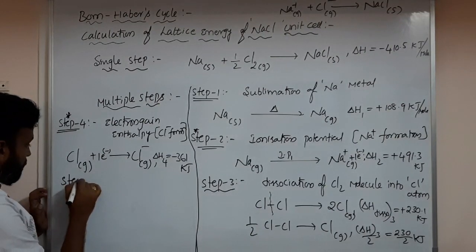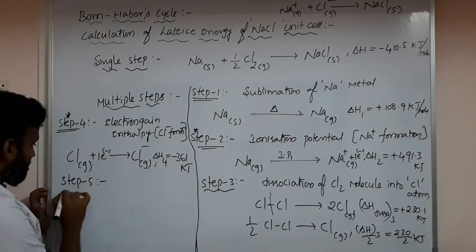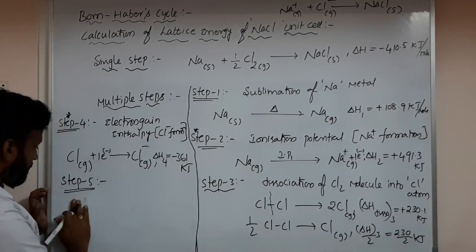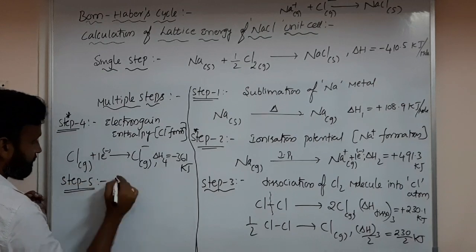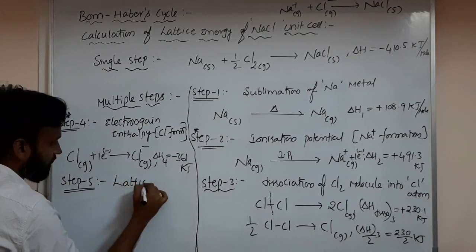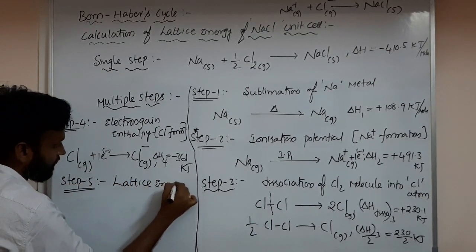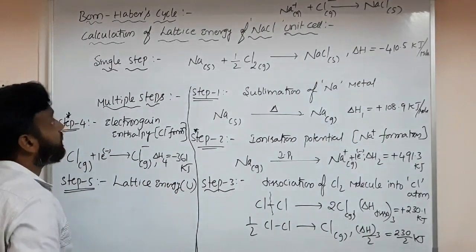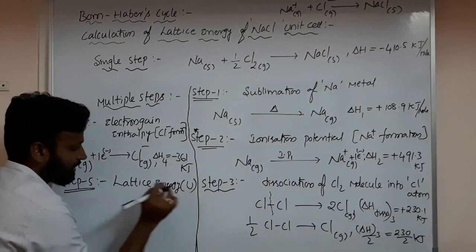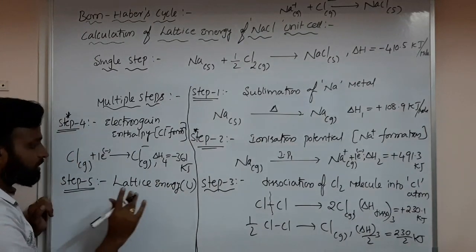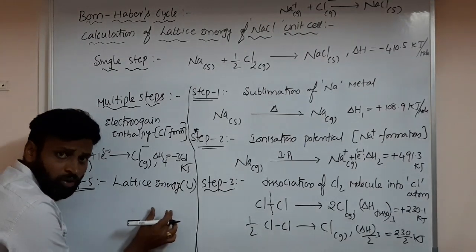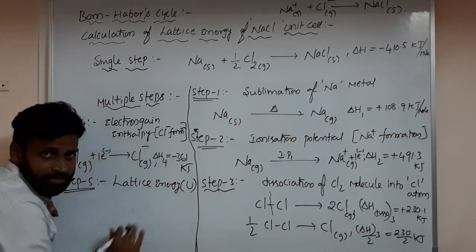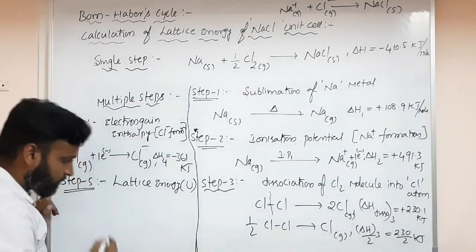So what is step 5 now? Step 5 is lattice energy. Lattice energy has the symbol capital U. I forgot to tell you in the previous one. Lattice energy is the amount of energy released when 1 mole of unit cell is formed.